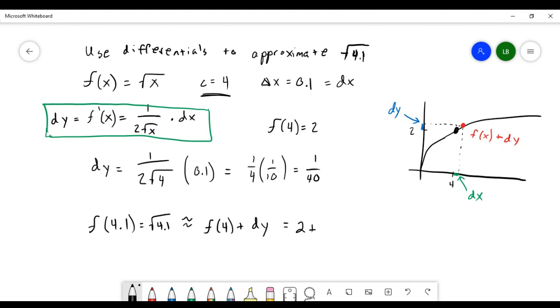And that's 2 plus, we found our change in y, which is 1 over 40th. In decimal format, that's 2.025. We say that this is approximately equal to the square root of 4.1.